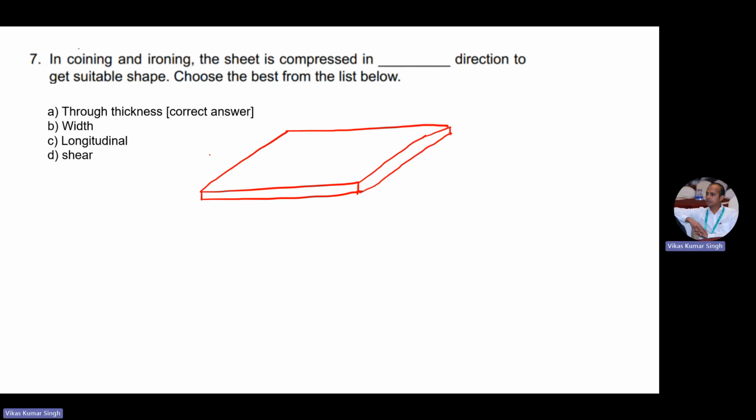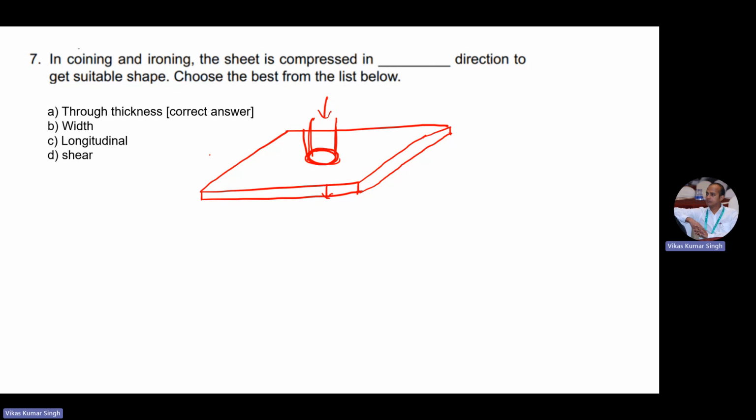Coining means you are making a coin out of this sheet, so you are punching this sheet. Suppose you have a punch of certain diameter here. You are punching this sheet to get the coin out of this. In which direction are we punching? Always we are punching in the thickness direction.